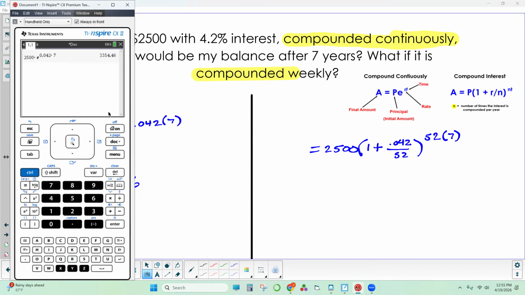All right, so I'm going to put in 2,500 times 1 plus, and then I'm going to put 0.042 on top over 52, and that gets raised to 52 times 7.